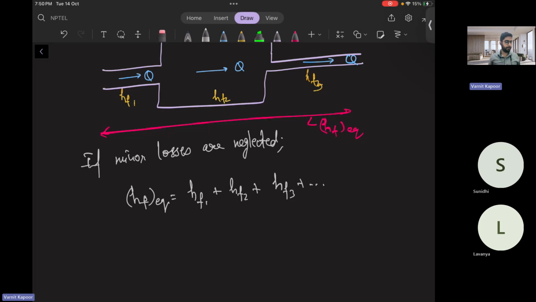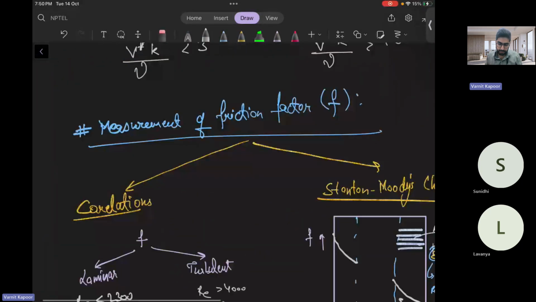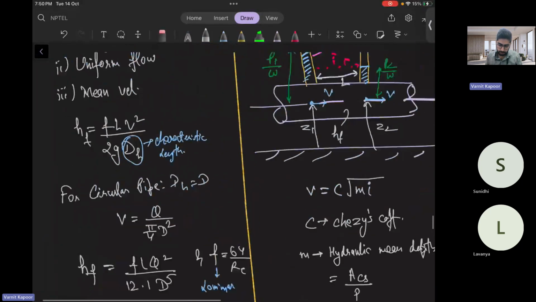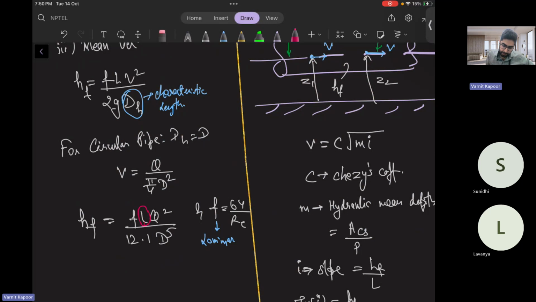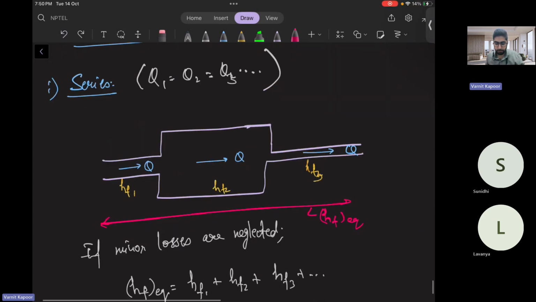So it will be the sum of all the head losses and so on. And we know that for a circular pipe, the relation we have just derived, written above, is HF equals FLQ square by 12.1 d to the power of 5. So the only variable terms are the length of the pipe and the diameter; flow rate is the same, friction factor is the same for the material of the pipe, and 12.1 is a constant value. So only L and d to the power 5 are the changing variables.